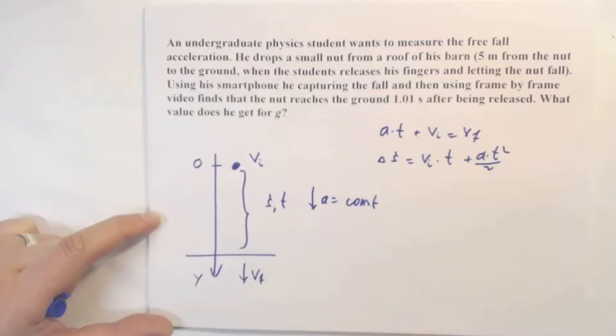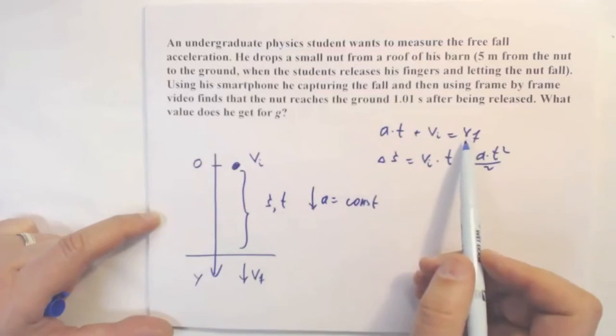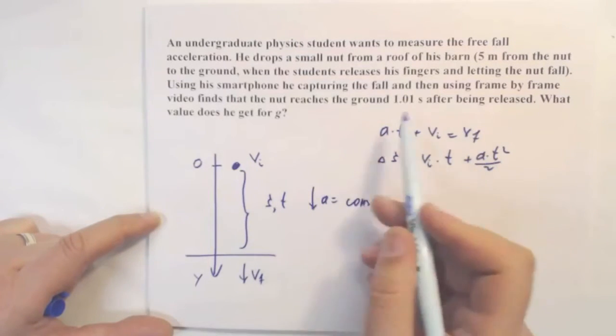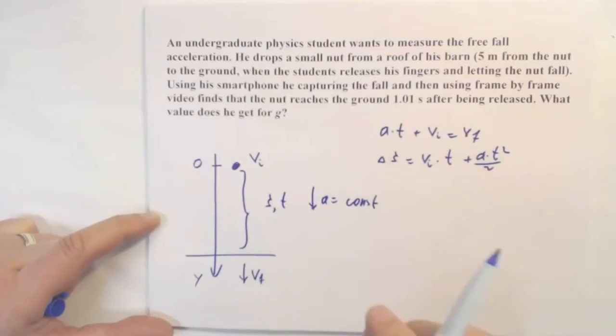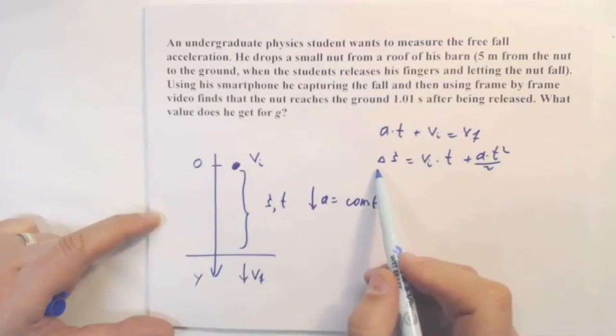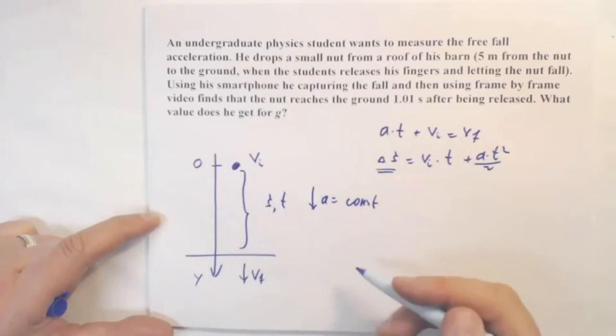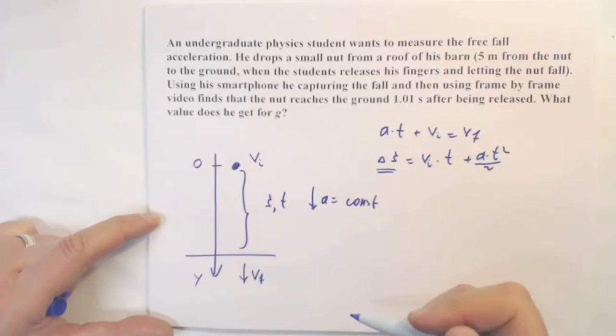So now, relative to this choice, this component will be positive. In this problem we actually don't even need to use this equation. Initial velocity, as we know, is 0, and the only question left is, what can we say about displacement?